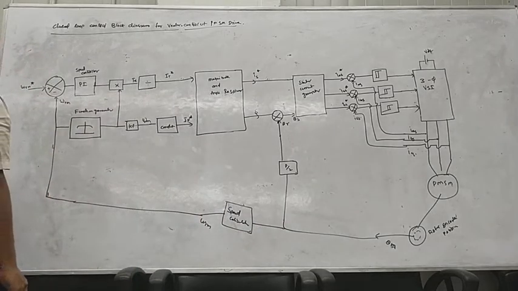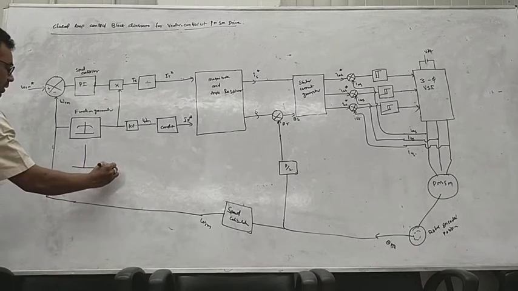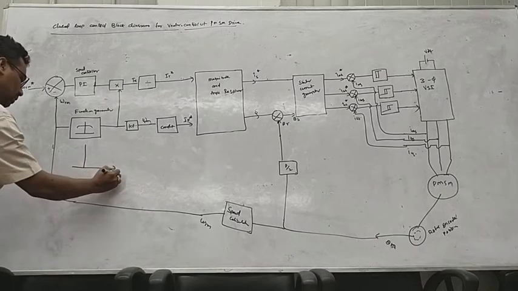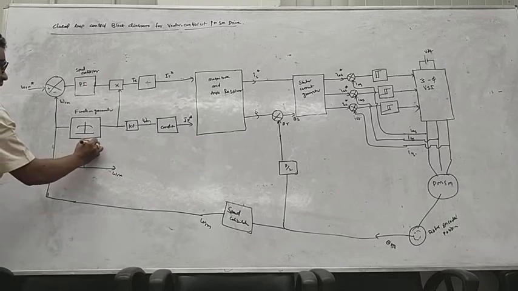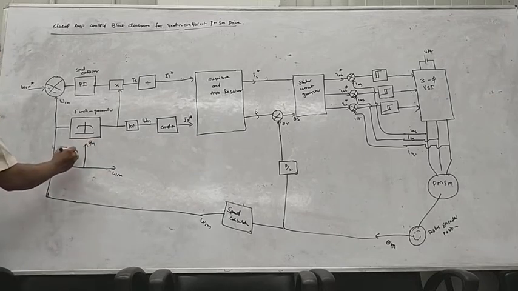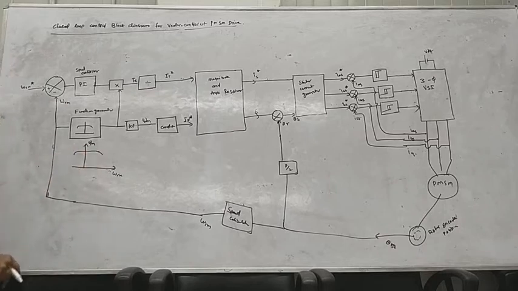Here, this is a function generator. In this function generator, we have in the x-axis the speed omega rm, and in the y-axis the magnetizing flux. So it should be like this. Initially it is constant, later on it is decreasing.